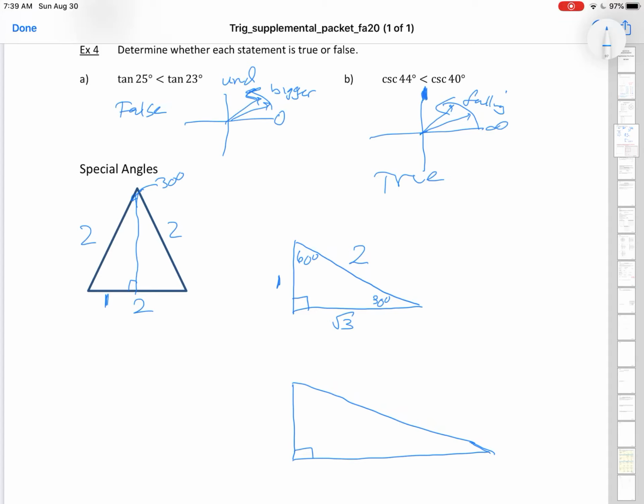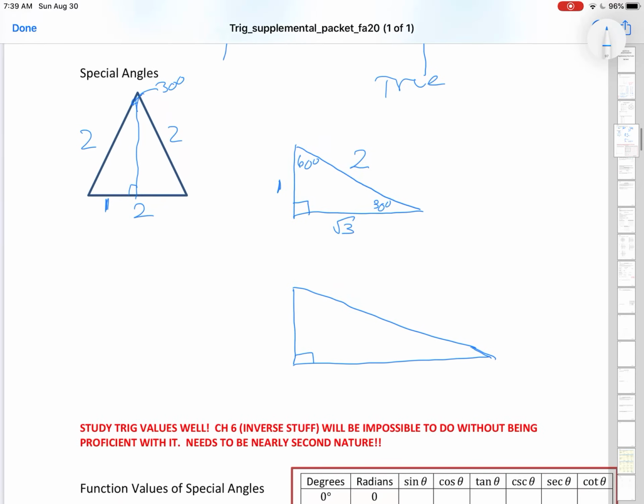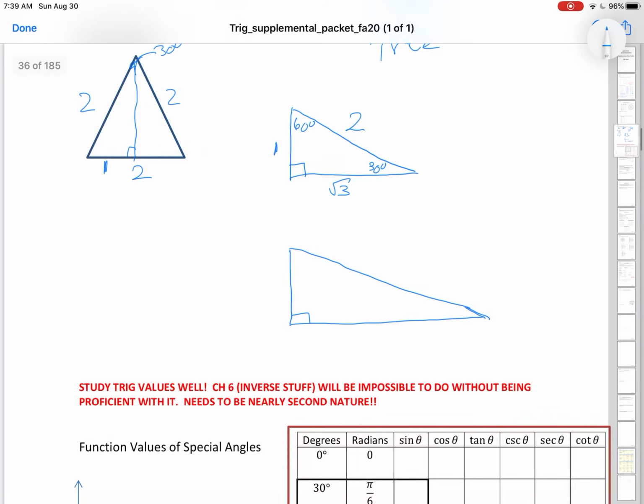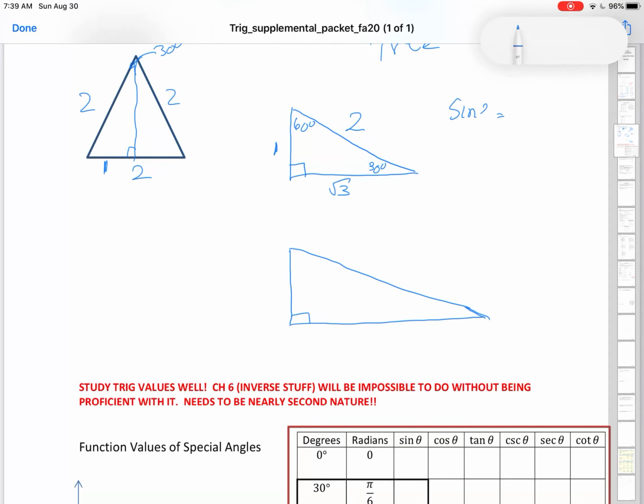That's our picture. And if you look at your SOHCAHTOA, you can figure out the sine, cosines, and tangents of each one of those. But let's take a look at them. Sine of 30 degrees is opposite over hypotenuse.